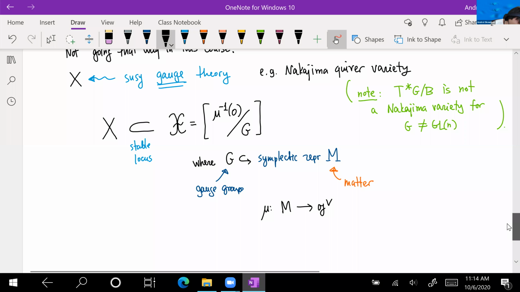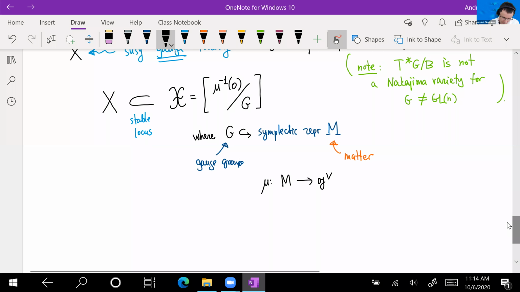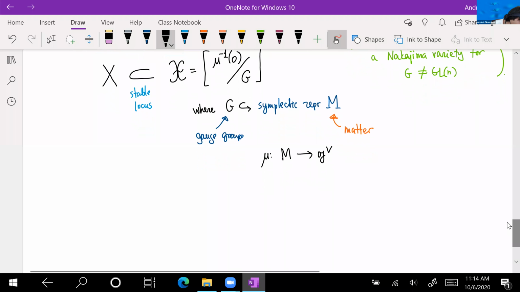And so then, instead of mapping to X, we would like to first think about what it means to map to the quotient stack.